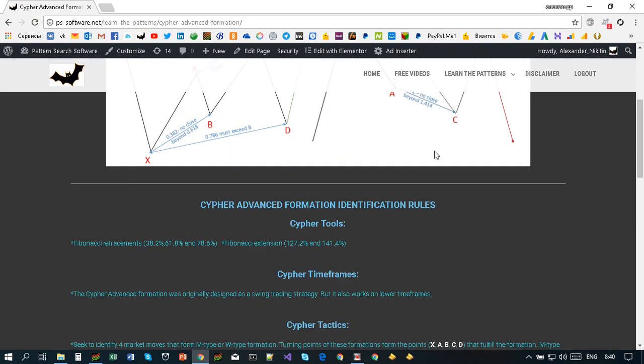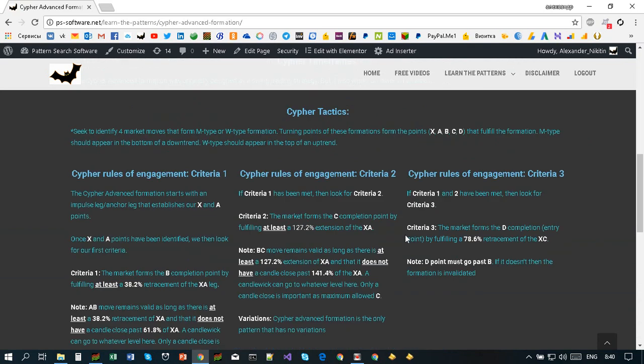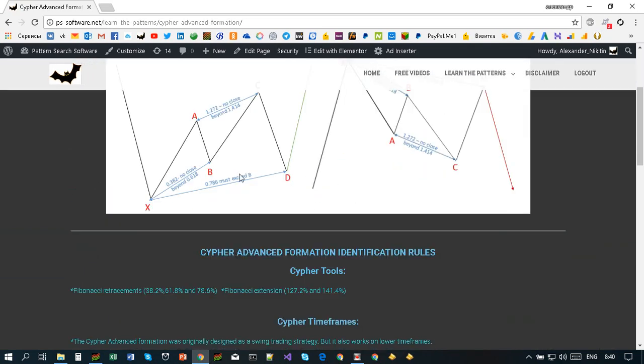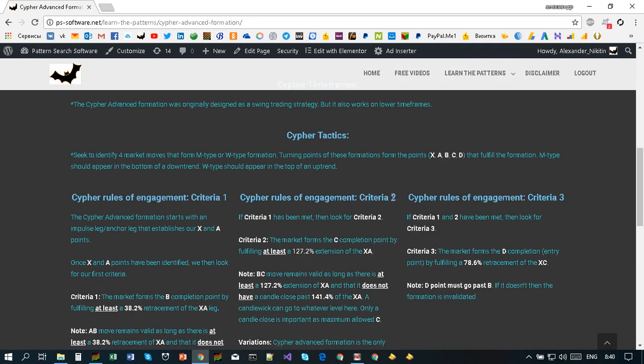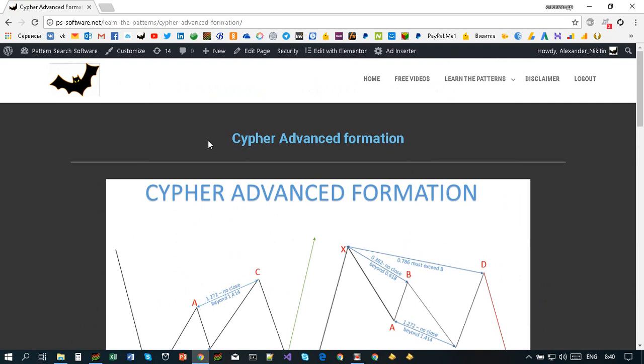If you go to the Cypher advanced formation, you will be given the identification rules, the execution and management rules, and they are all free for you. You need not pay for anything. This trading course is absolutely free, and once you learn this by heart, you can do the backtest and you can perform those ciphers the way the professionals do. You can draw them the same way, especially when you have some rule-based swing identification technique.